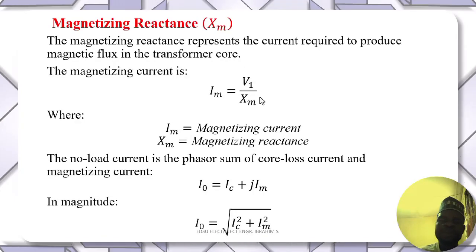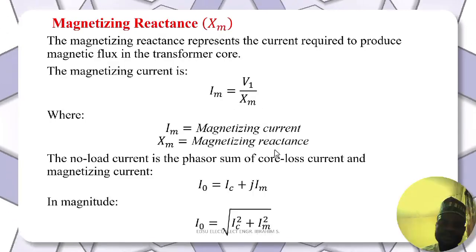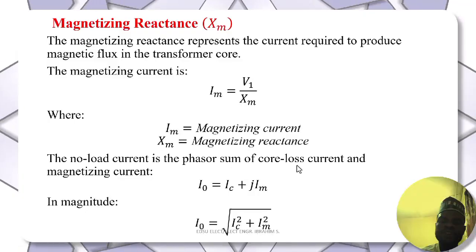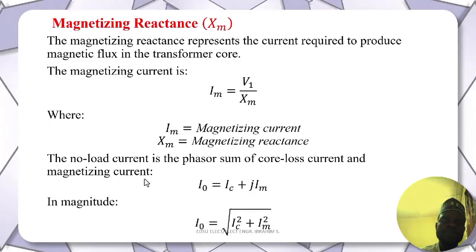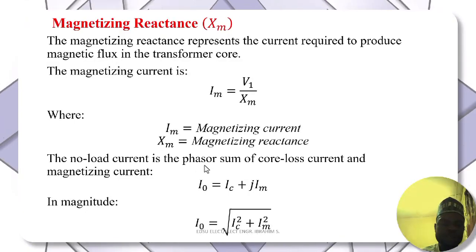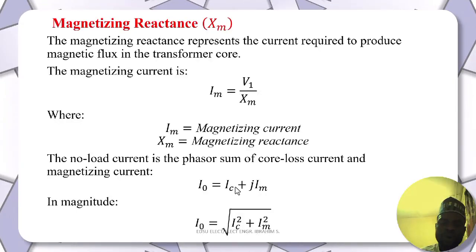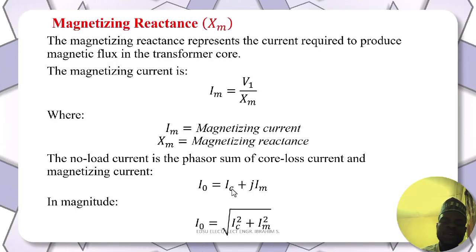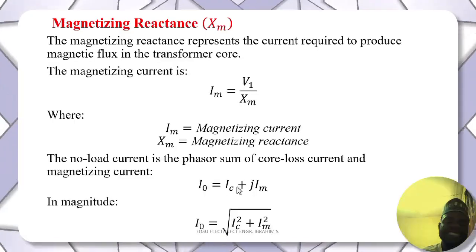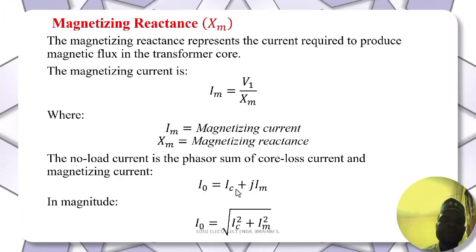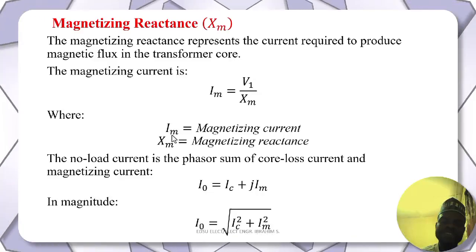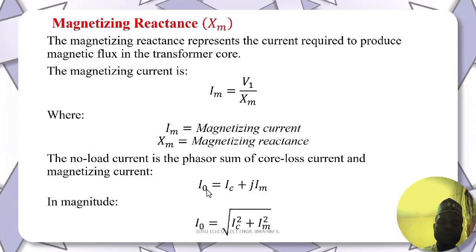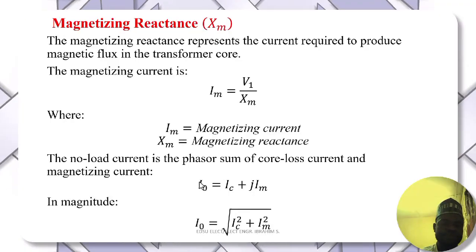Now, our magnetizing current is Im, which gives V1 divided by Xm. The no load current is a phasor sum of the core loss current and the magnetizing current. So our no load current, I0, is the core loss current, which we said is the current passing through the shunt resistance, plus j times the magnetizing current, which is the current passing through the shunt inductor.